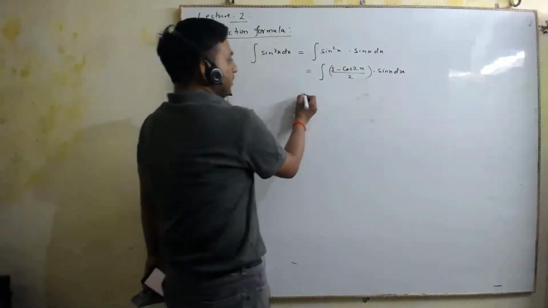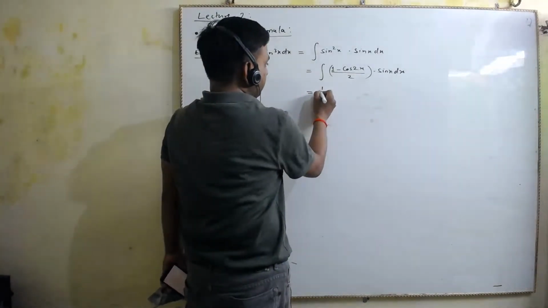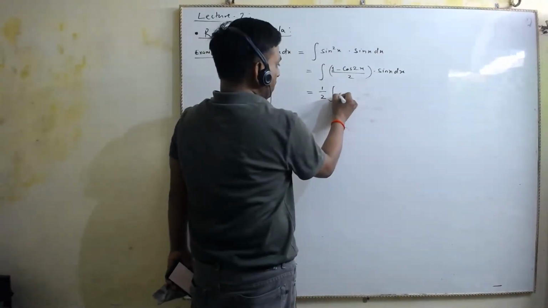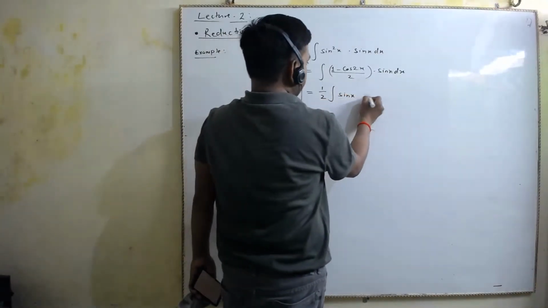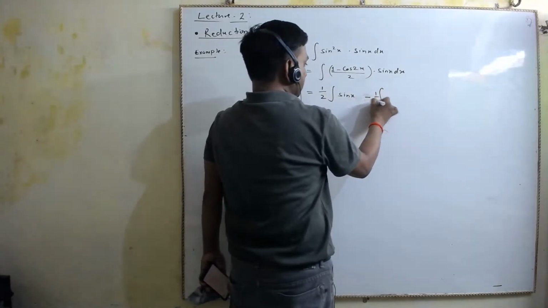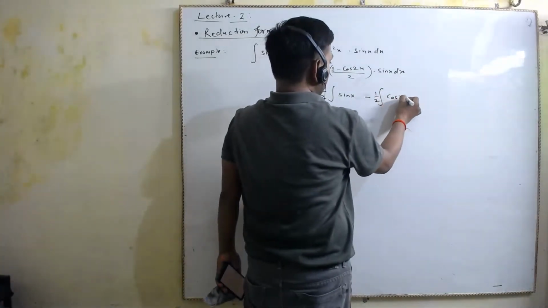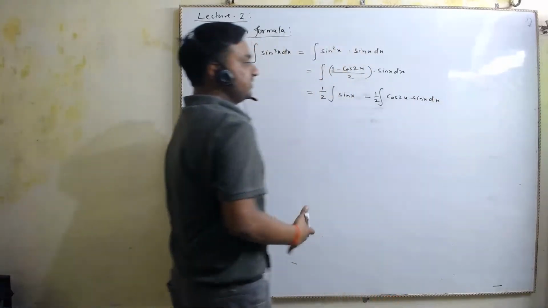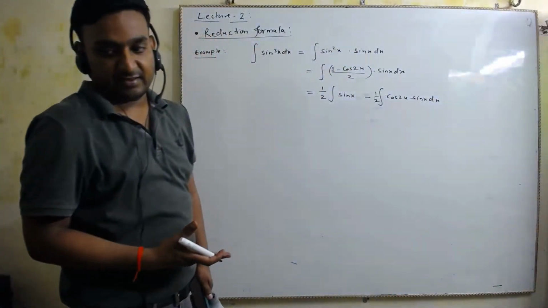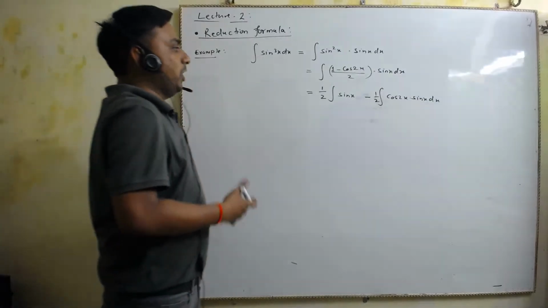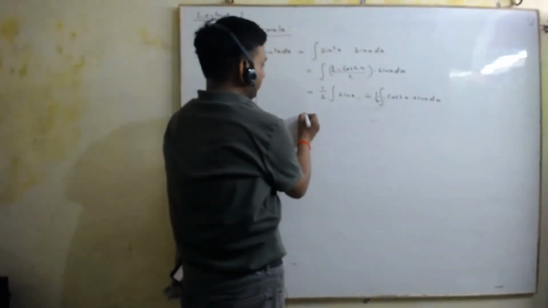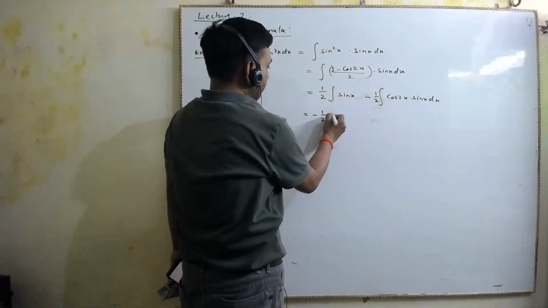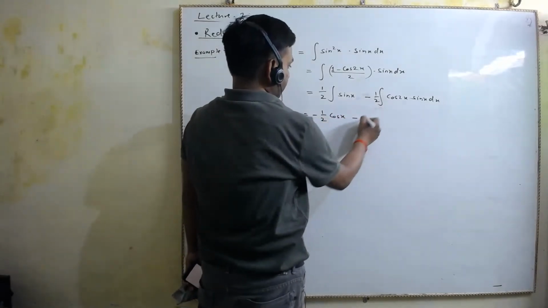Okay. So this can be written as 1 by 2 sin x minus 1 by 2 cos 2x into sin x dx. Right. Now, what you can do here, this is minus of 1 by 2 cos x.